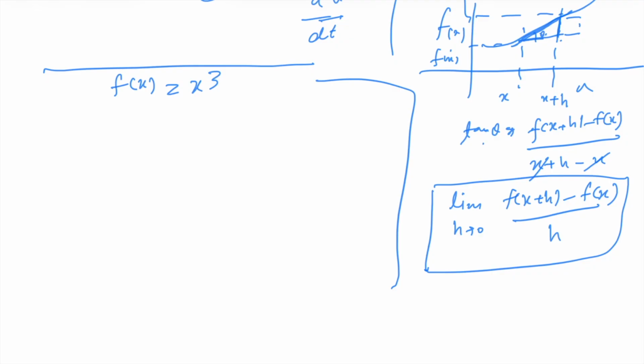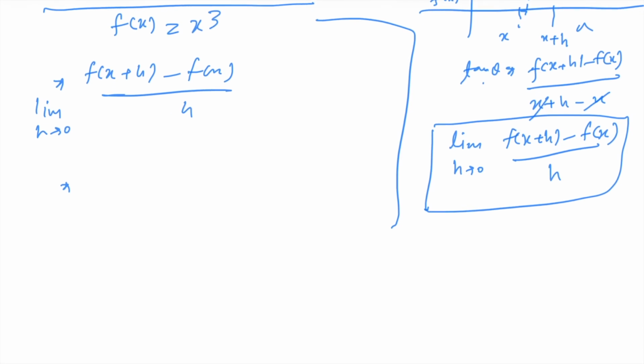In first principle, we assume that there is an h component which is very near to x, and what if this is 0? We apply algebraic operations on top of that and find the result. So using first principle, we'll write f(x plus h) minus f(x) upon h. I'm not writing the limit h tending to 0 all the time to save time.